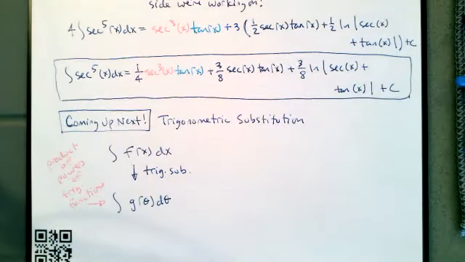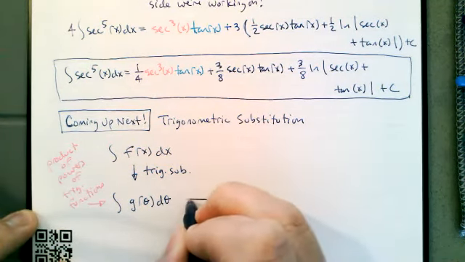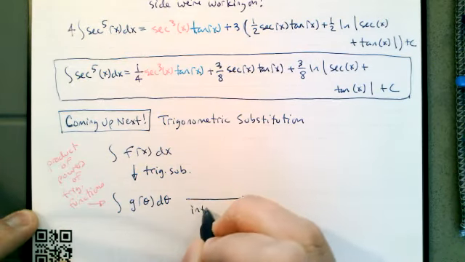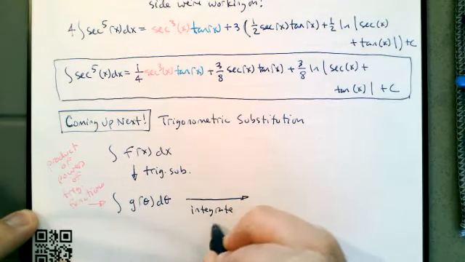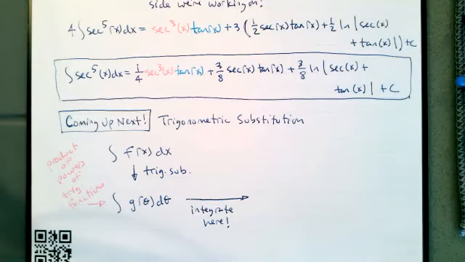So that g of theta d theta is going to be an integral of products of powers of trig functions. Then we're going to integrate. Probably this product of powers of trig functions is going to be even power of cosine or an odd power of secant.